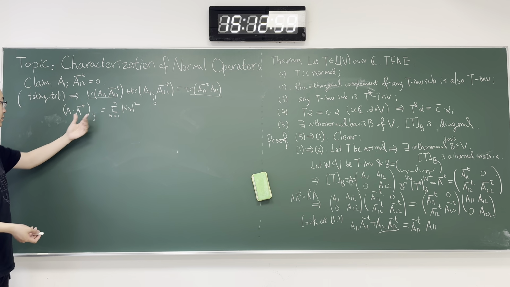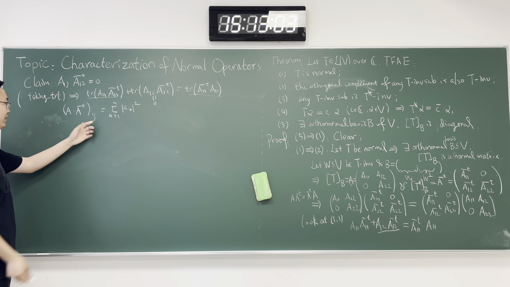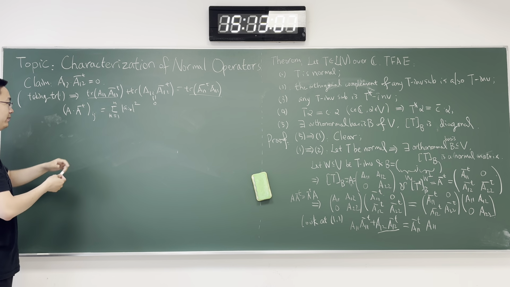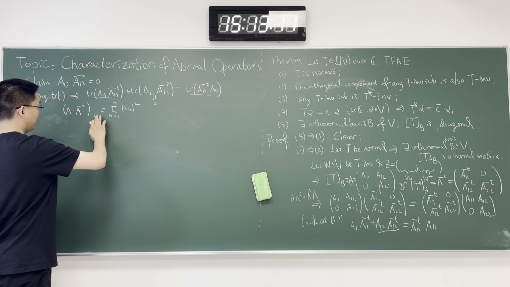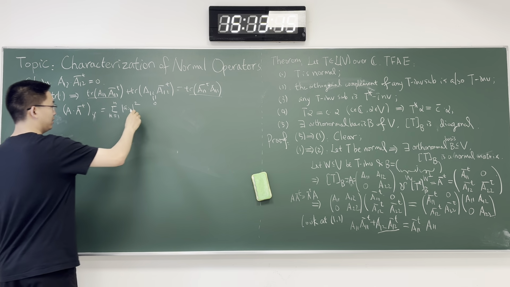So this term is 0. The trace is 0 means that each summation here should be 0. All these are 0.